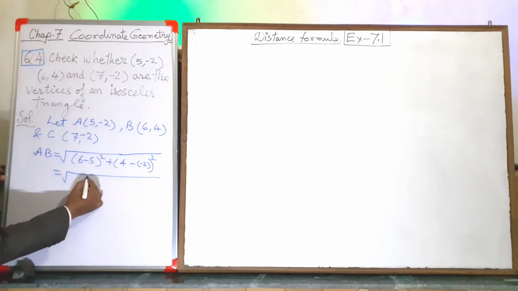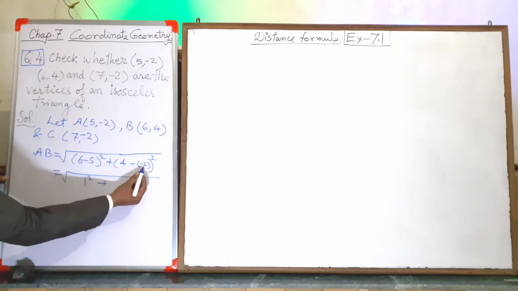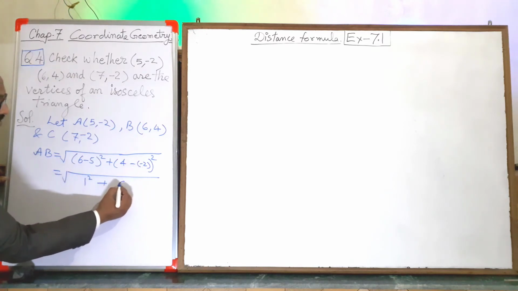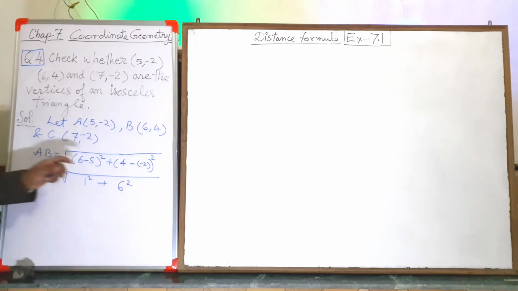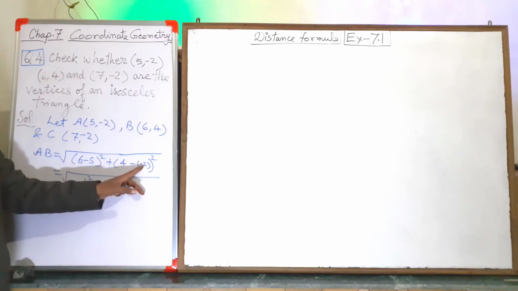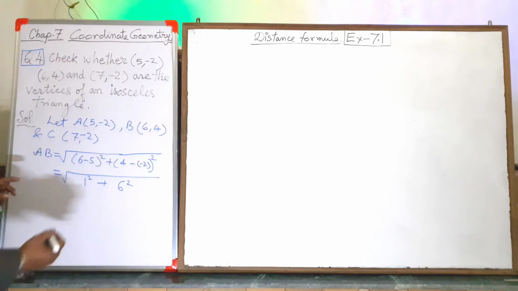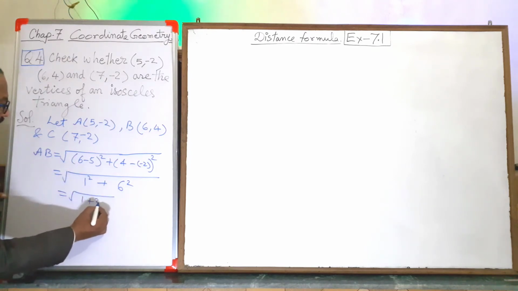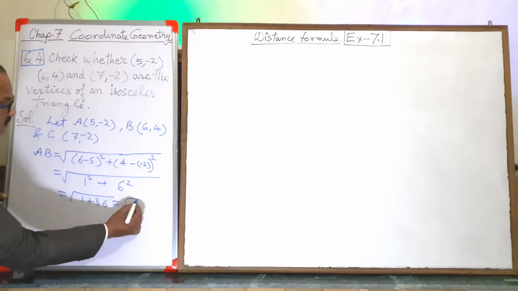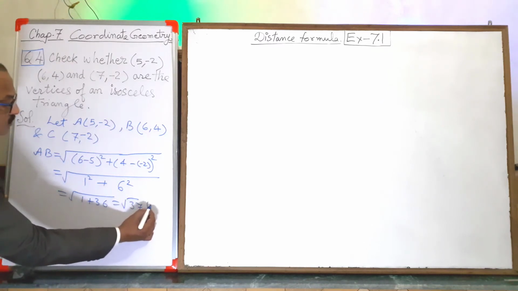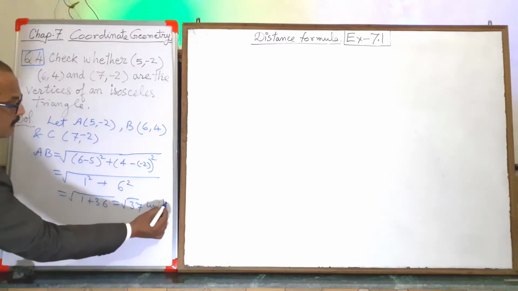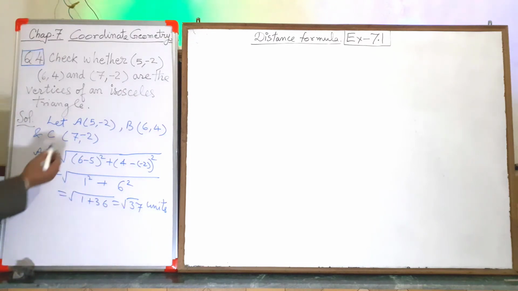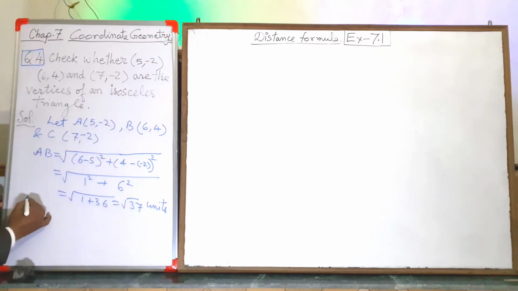This is 1 square plus, this is total 6 coming. You can see minus plus, so 4 plus 2, that is 6 square. So it is coming under root 1 plus 36, that is under root 37 units. Now another side BC.